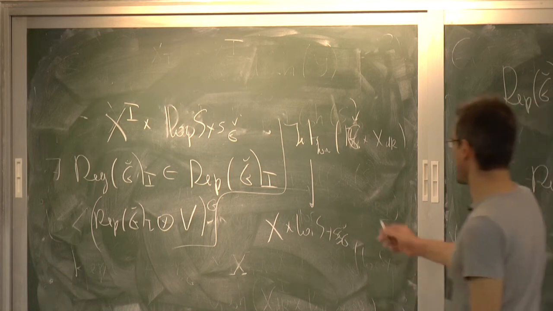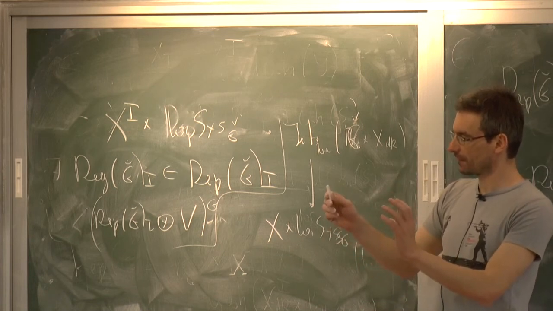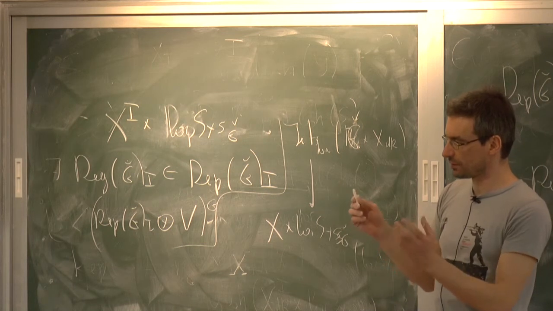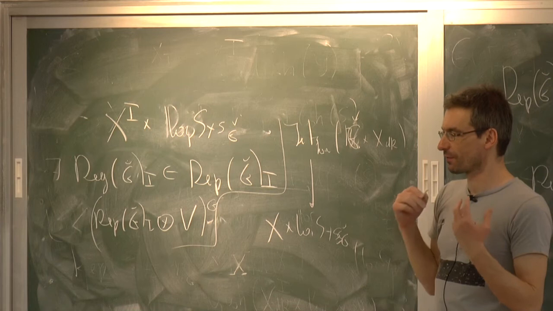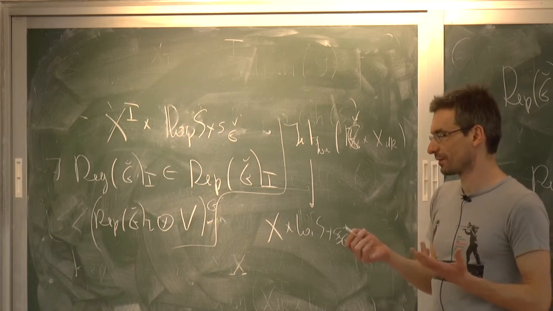Okay, so you want to construct this version of G check over X to the I, such that when the points are distinct, it's n copies of G check, and when there's one point, it's one copy of G check. That's what the formal disks are for. To do this you exactly need the formal disks.